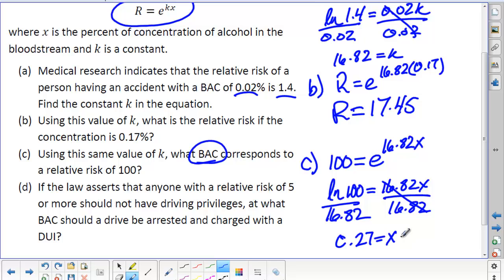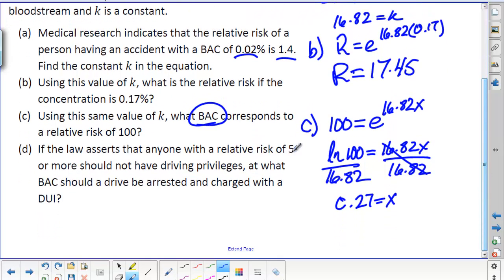And so we could say, if the law says that someone with a relative risk of 5 or more should not have driving privileges, when should they be arrested and charged with a DUI? So we're saying that if you're 5 times as likely to have an accident, you're too drunk to be driving.